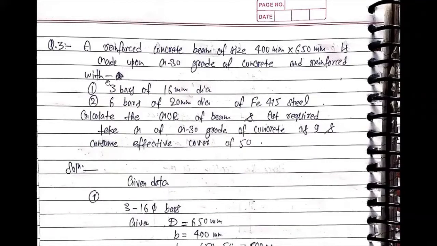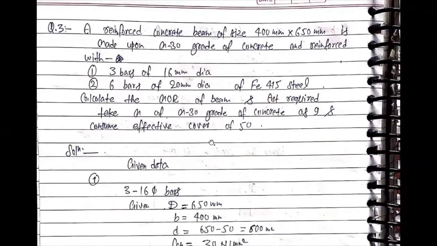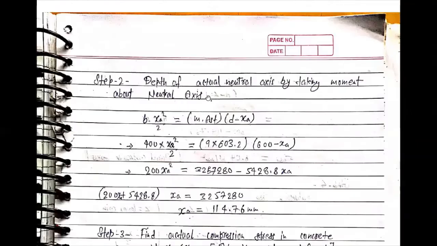So this part we'll solve in this lecture, and this part 6 bars of 20 mm dia bars, you can try solving it by your own using the same methodology which I'm going to teach in this session. So we'll move to the solution.